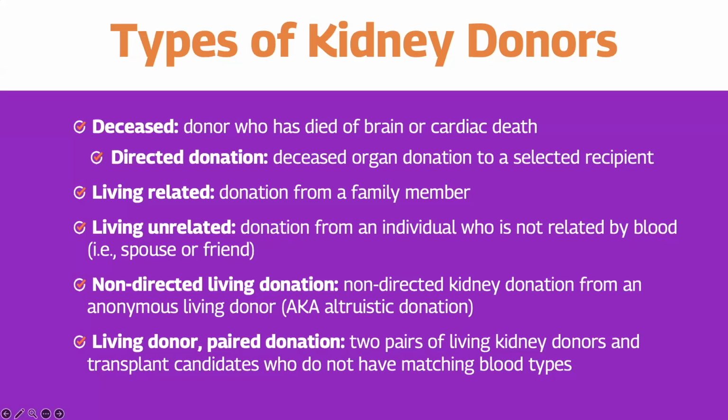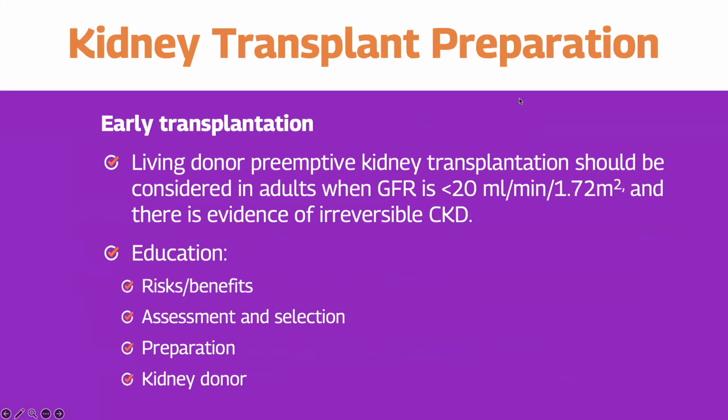A living donor pair donation involves two pairs of living kidney donors and transplant candidates who do not have matching blood types. So the two candidates here are basically trading donors. Each candidate is going to receive a kidney from a donor with a compatible blood type. A preemptive kidney transplant is the transplantation of a healthy kidney before the patient's kidneys have failed.